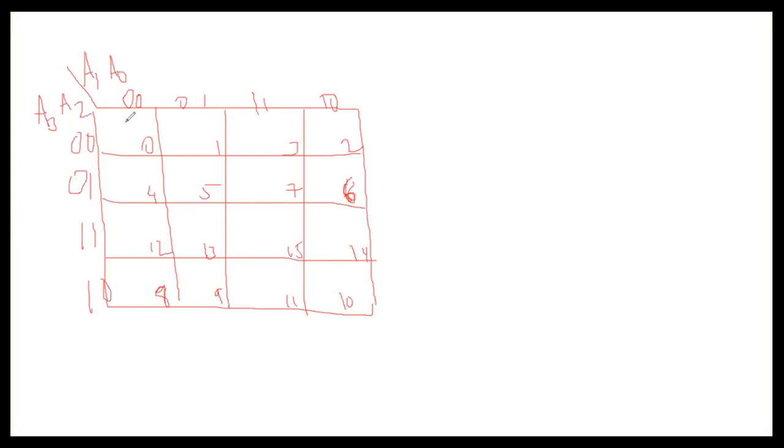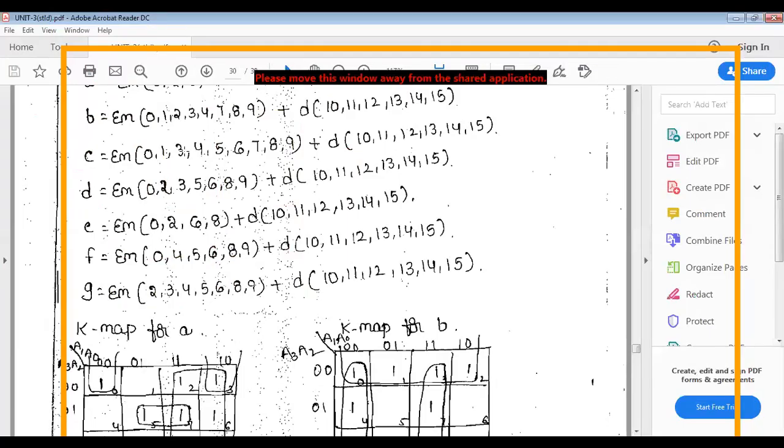So 0 is one of the minterms, then 0, 1, 3 to 9.